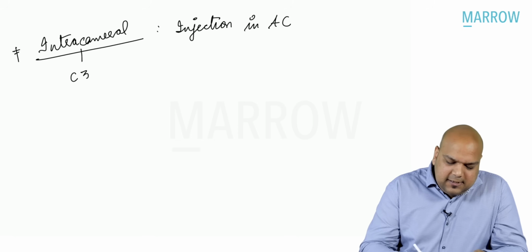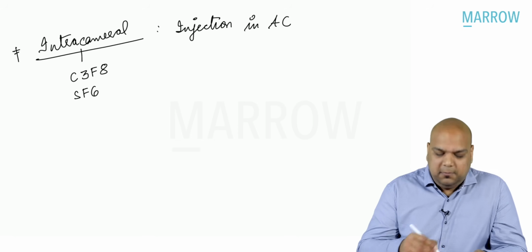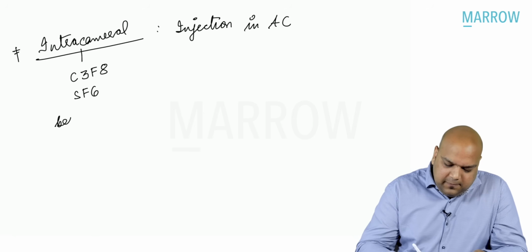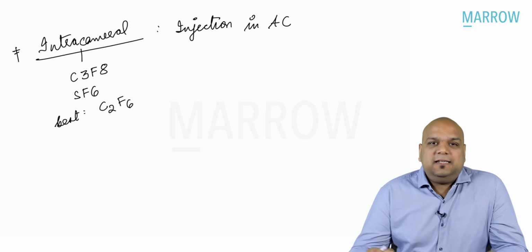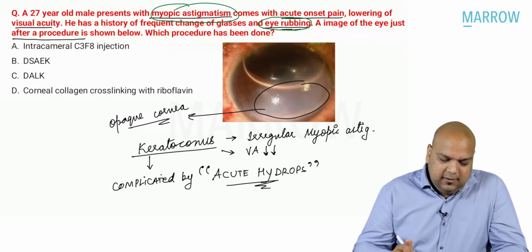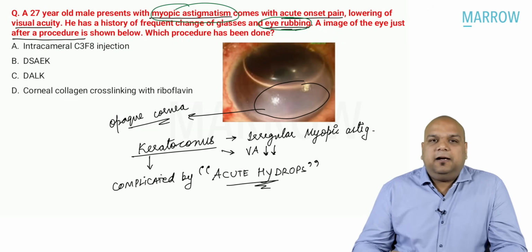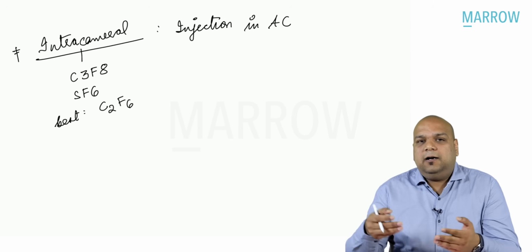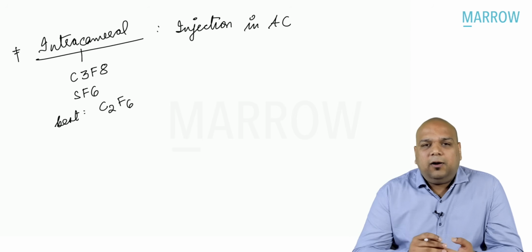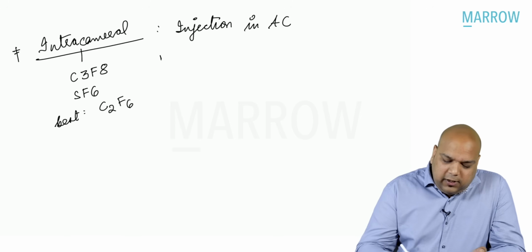Intracamerally, we can inject C3F8, we can inject SF6, but the best intracameral injection is C2F6 as shown by studies to us, right? So we can inject these gases, and that is what was option A, intracameral C3F8 injection. Intracameral C3F8 injection is given via a small incision in the cornea, which will lead to tamponading.